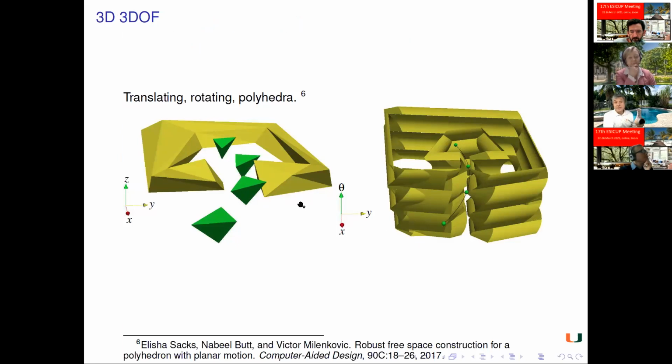Also this means that if you have a container and you have a shape that you want to put in the container, and you have to keep the shape upright, so it's not allowed to tilt, so it has 2 degrees of freedom to go into the container, and you can rotate, then we can use this to decide whether or not that's possible, but also to plan a path to get inside, in or out. So you can place it in the container, or we can even figure out whether you can get it into the container, assemble it.